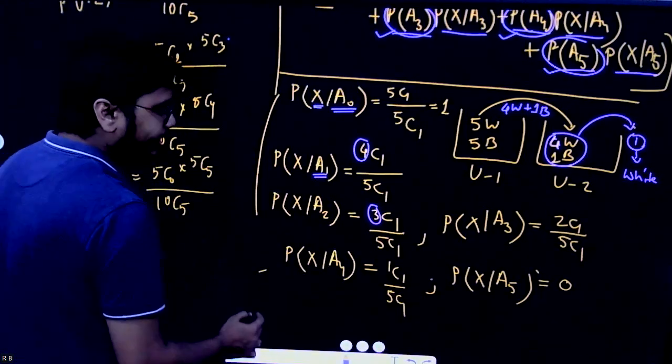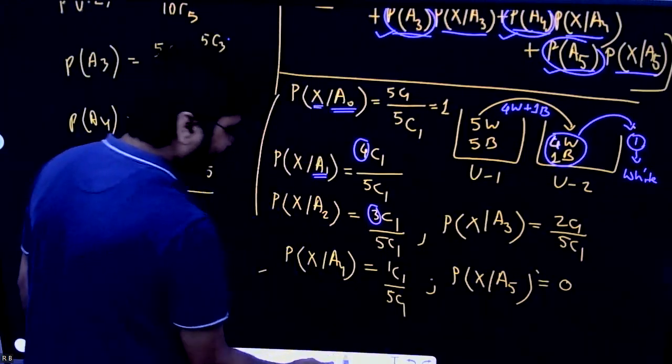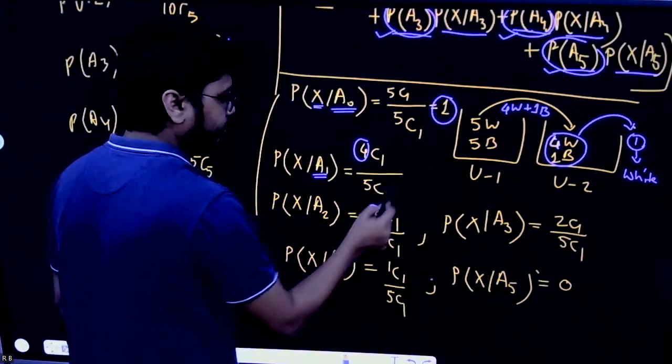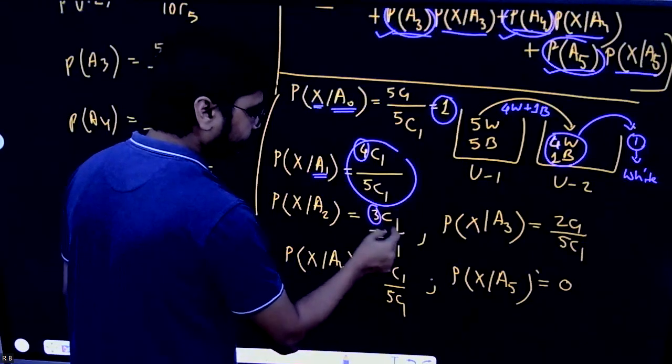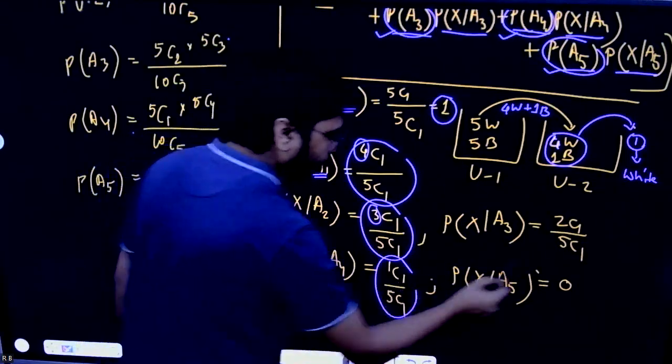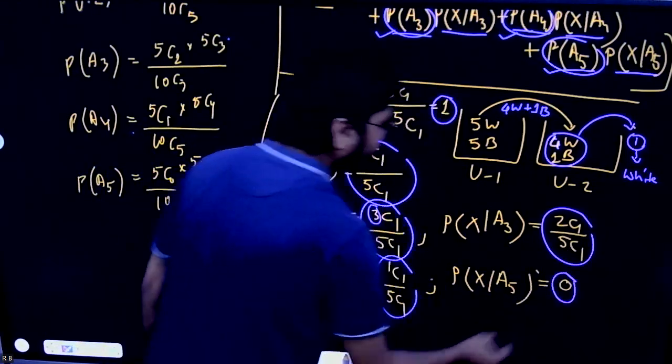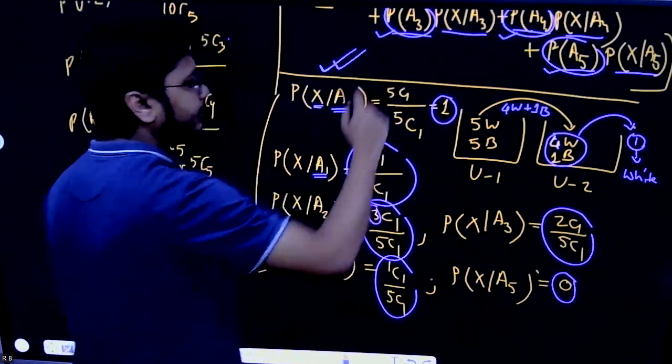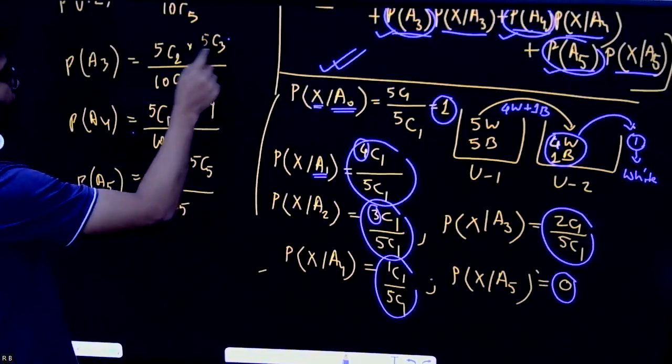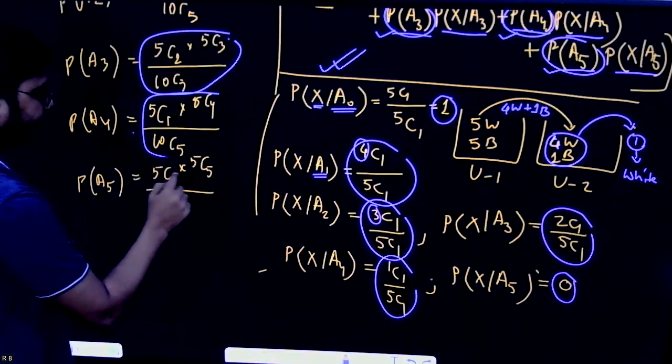So now we need to plug in all these values. This one, this one, this one. All these values we need to plug into this equation that we had, along with all these values as well.